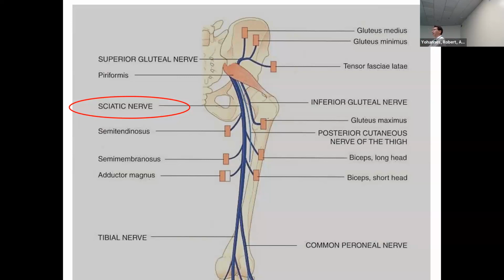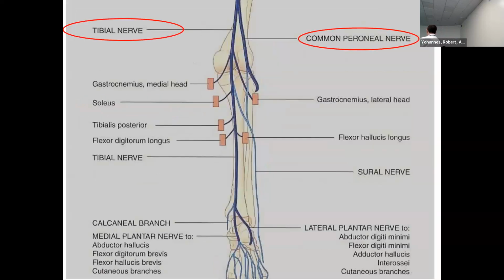Okay, and next we are done with movement of the hip. We're done with movement of the knee. Now we're down to the movement of the ankle, basically at the foot. So here we have two main players.